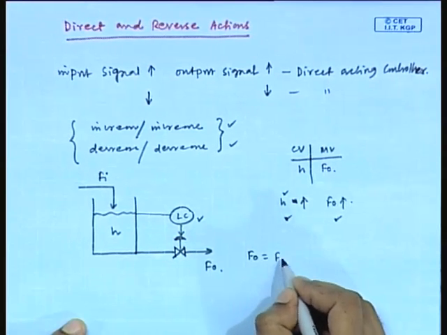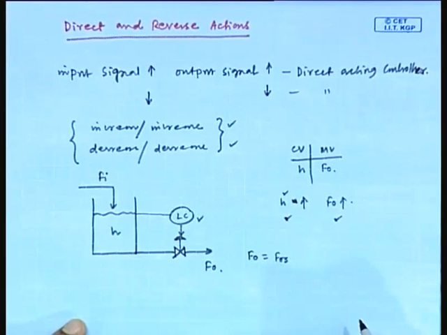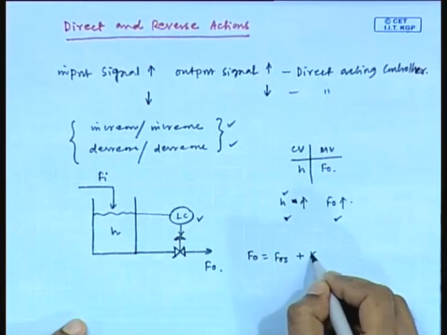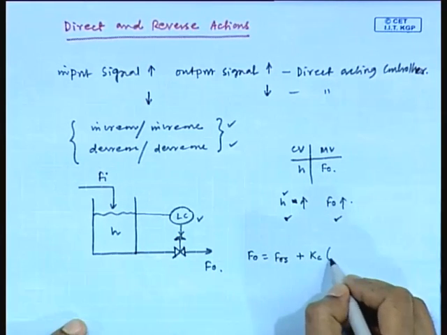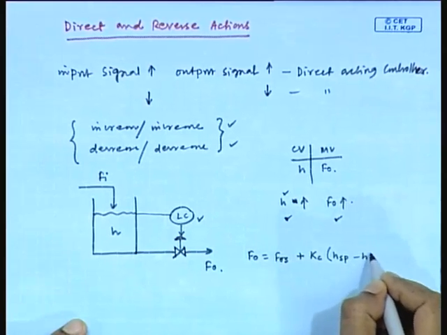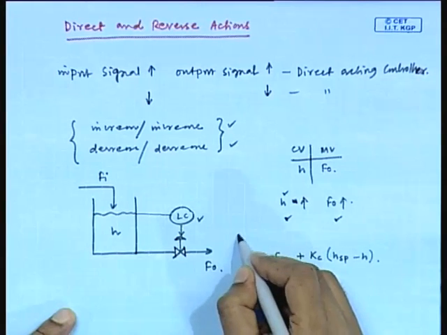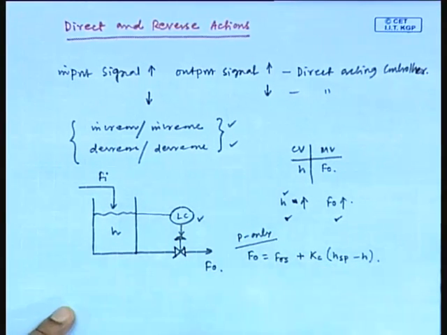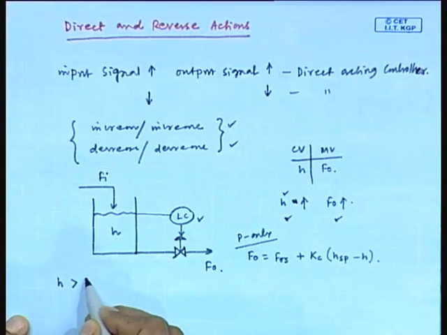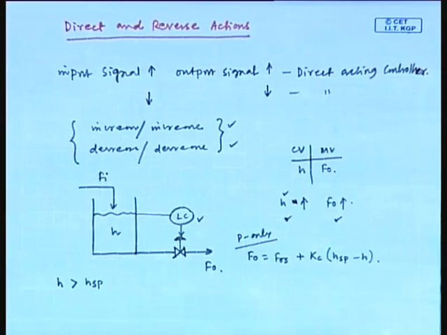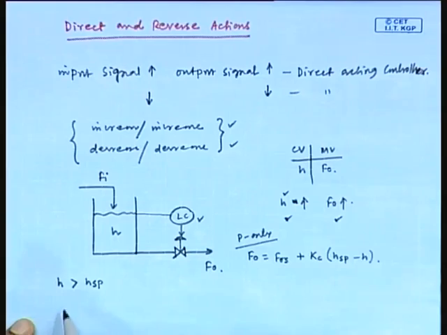Accordingly, the controller equation is F naught equals F naught S plus Kc times error, meaning H set point minus H. Now, if height is greater than H set point, so what will be F naught?